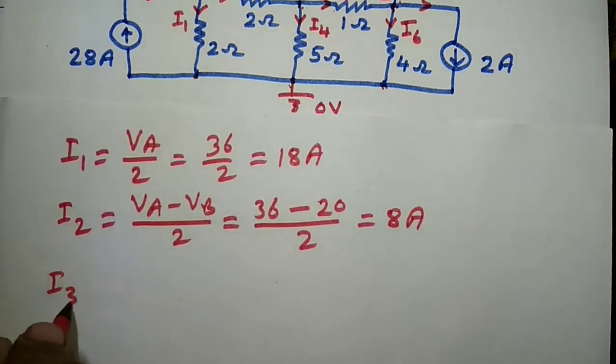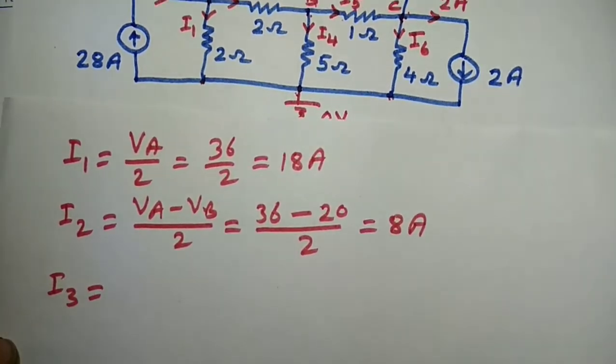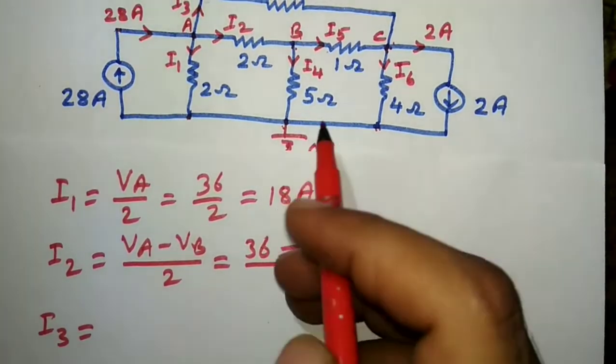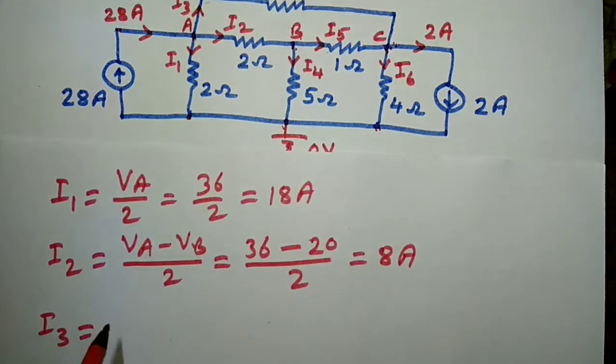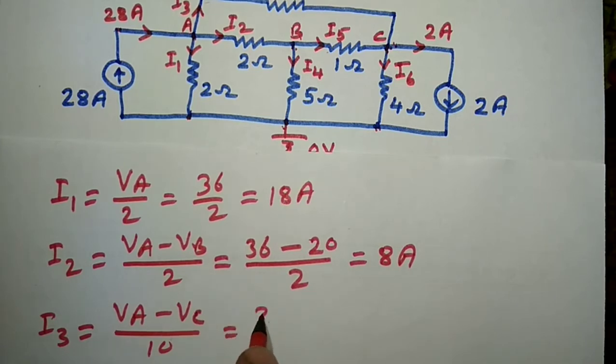I3 is VA minus VC upon 10, VA is 36 and VC is 16 upon 10, so it will be 2 ampere.